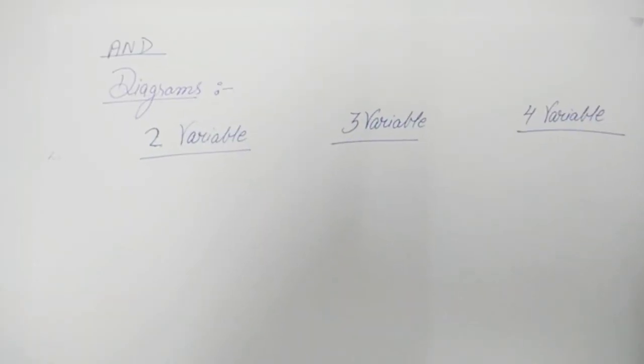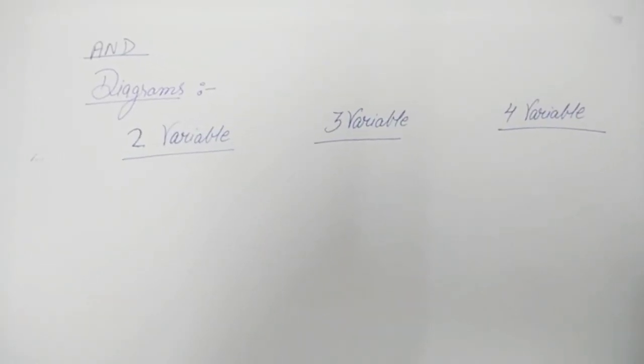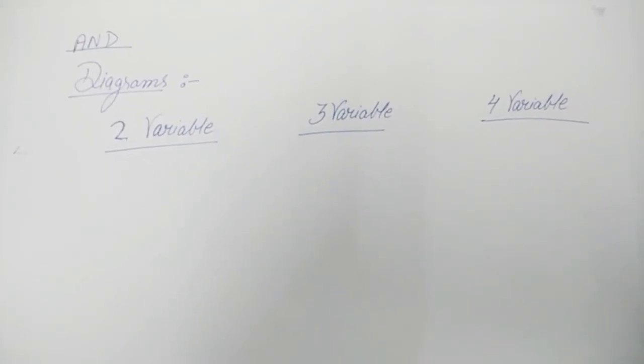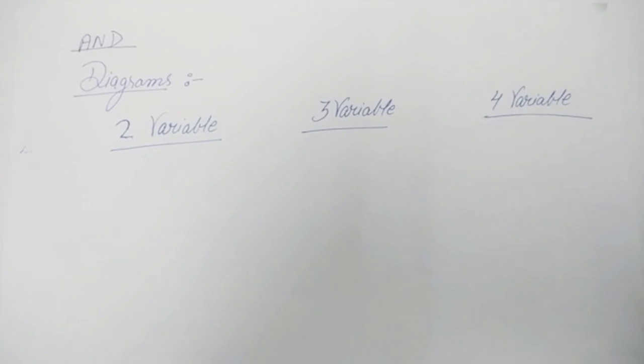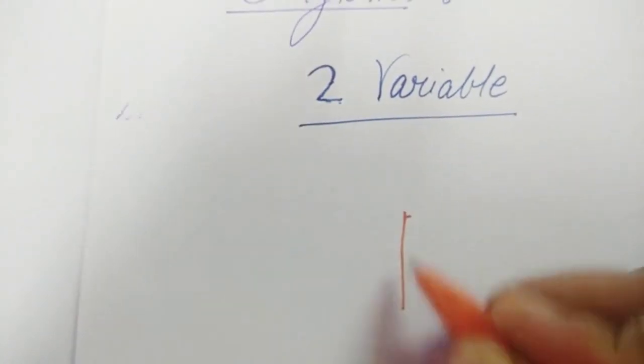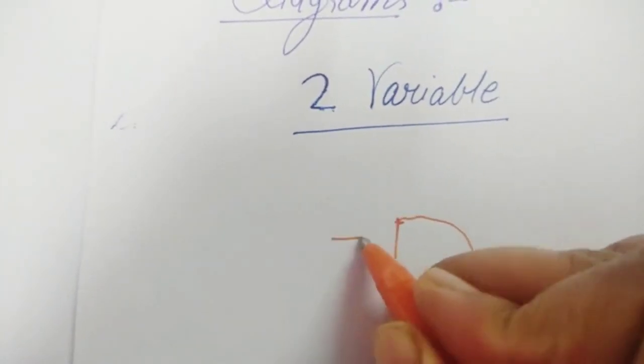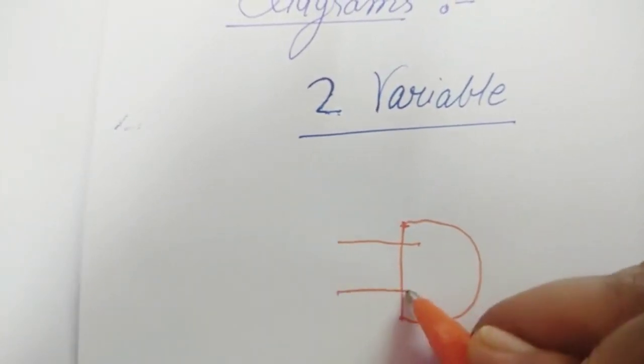Now coming to the diagrams, how you will draw the diagrams of AND gate. It can be of 2 variables, it can be of 3 variables, it can be of 4 variables. Starting with 2 variable. For drawing a diagram of 2 variable, we will take this symbol. Now here 2 variables, the first variable, the second variable.